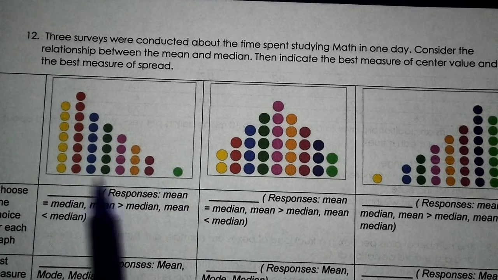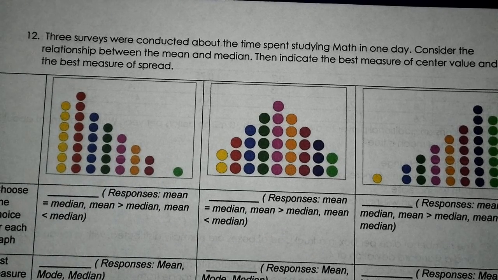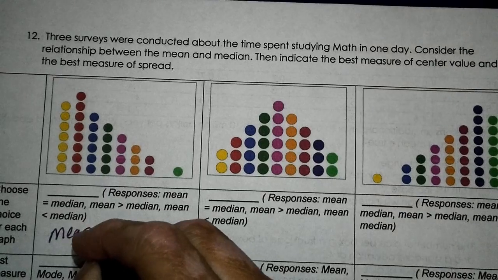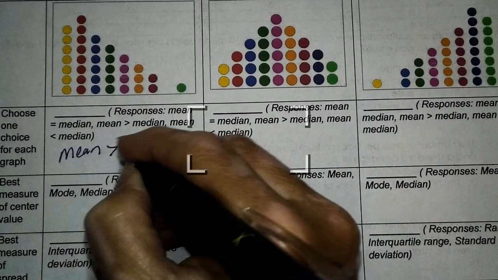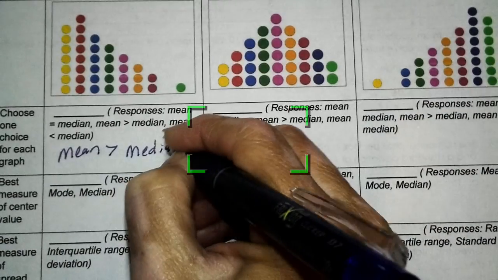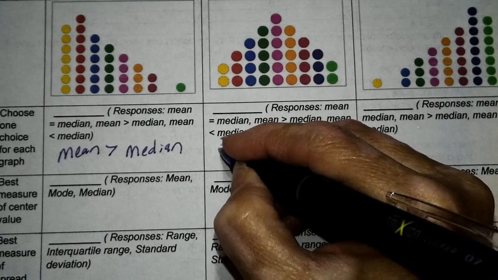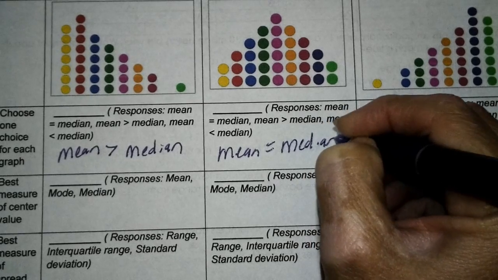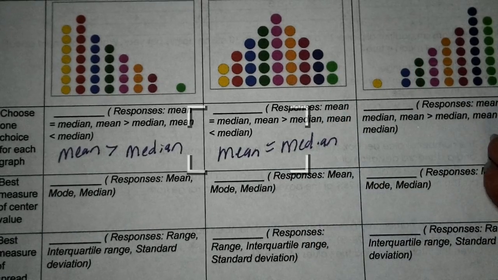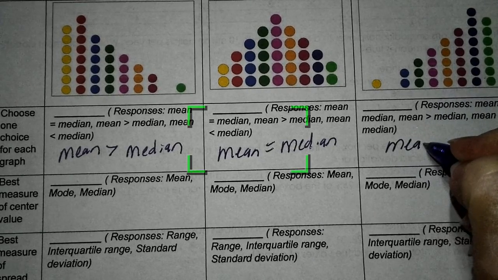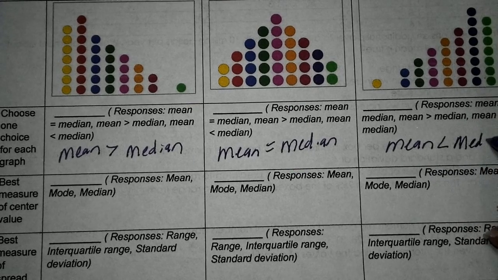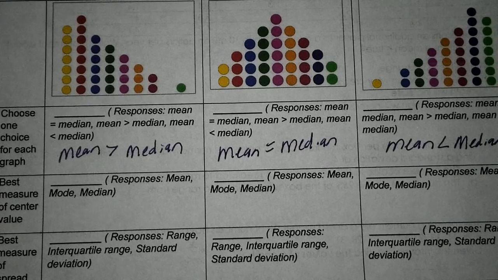All right, so we know that if it is skewed left, the mean is greater than the median. If it's a normal distribution, we know the mean equals the median. And if it's skewed right, we know that the mean is going to be less than the median.